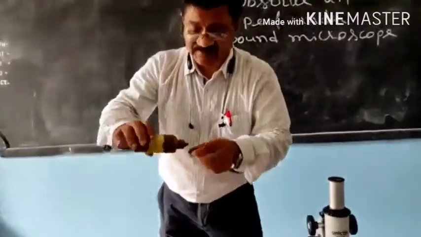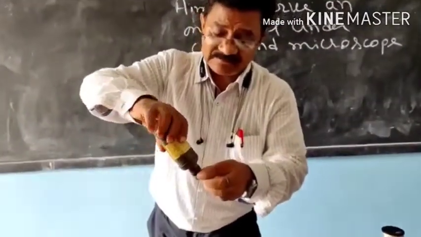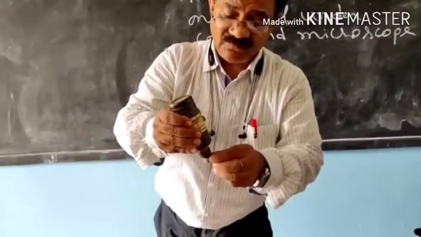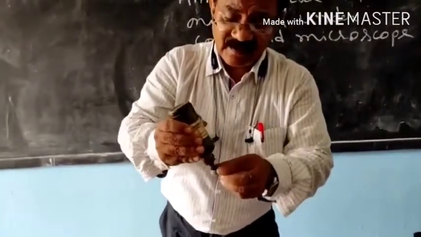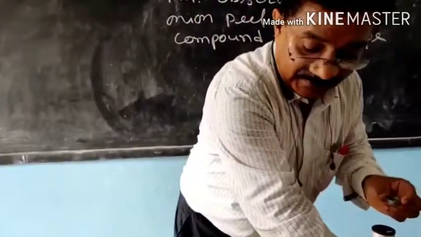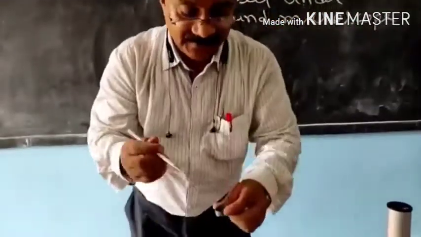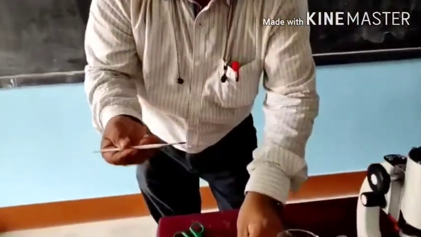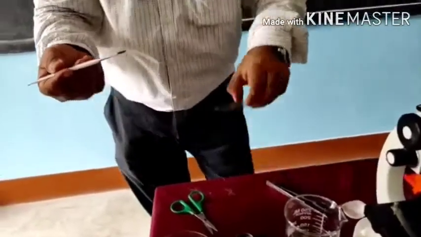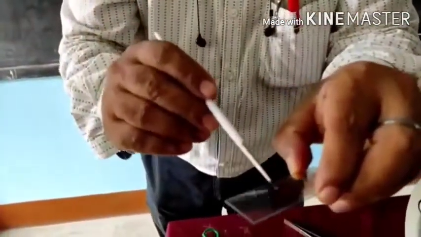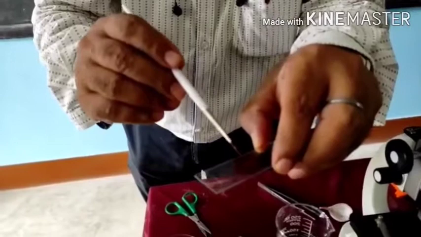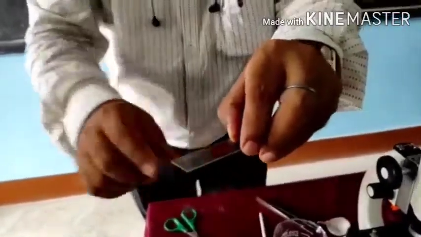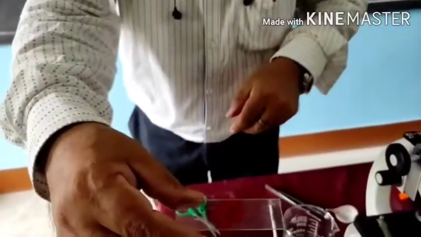Now a question arises: why will I put color? What is the use of color? Since the onion peel is transparent, it is very difficult to see. It is red in color, and I am putting red color over this. You can see I have put red color over this.